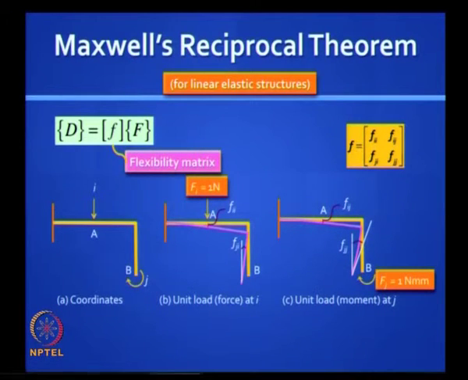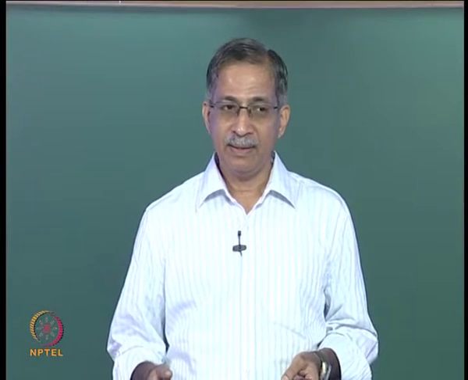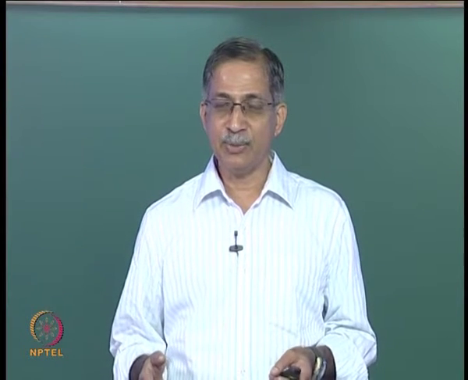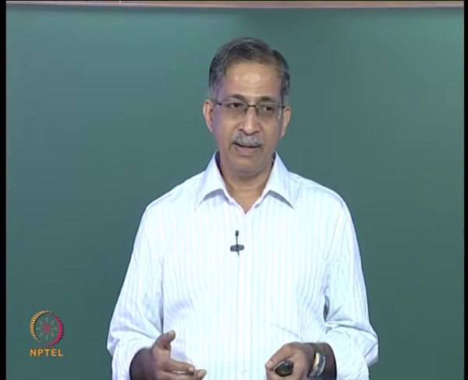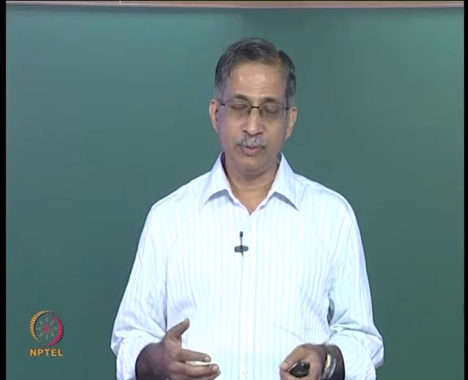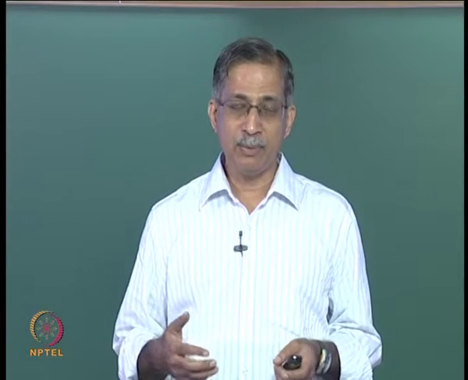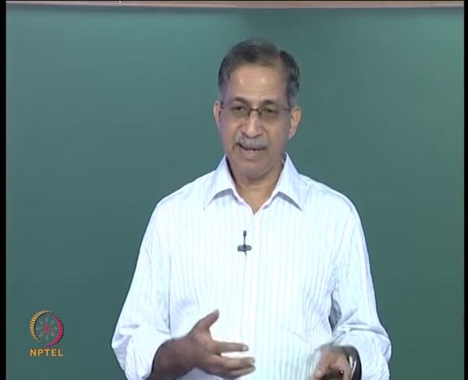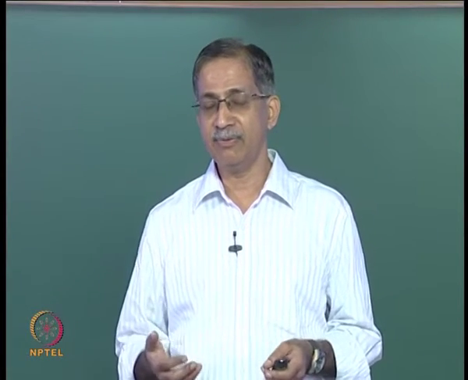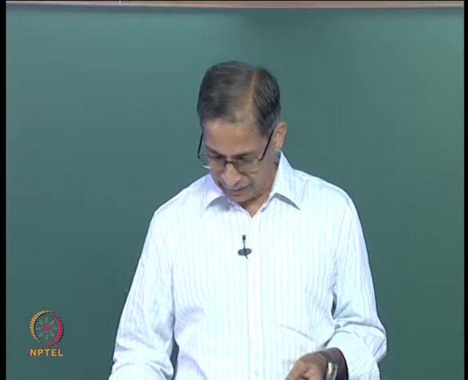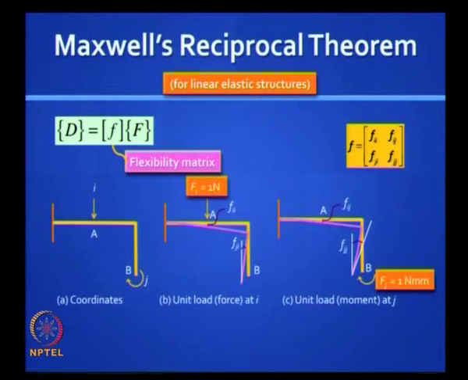So as you recall, Fij is written in such a way that the index I will refer to the effect location and j will refer to the cause location. So following that format, it can be proved, and this is Maxwell's reciprocal theorem, that Fij is equal to Fji.